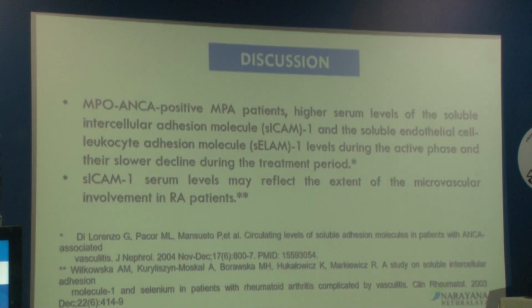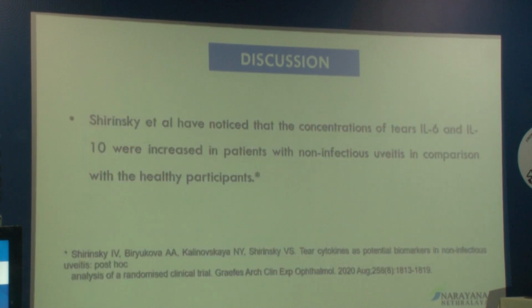On discussion, MPO ANCA positive patients had higher serum levels of soluble ICAM and soluble ELAM, which were high during the active phase and slowly declined during the treatment phase, as ICAM levels may reflect the extent of microvascular involvement in RA patients.